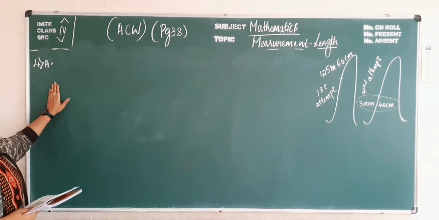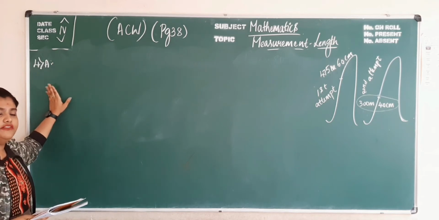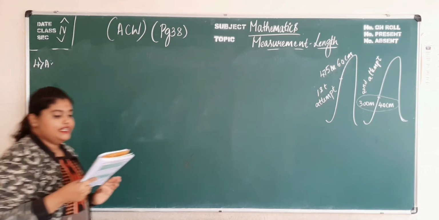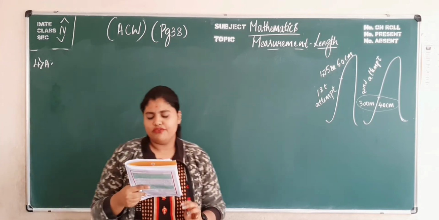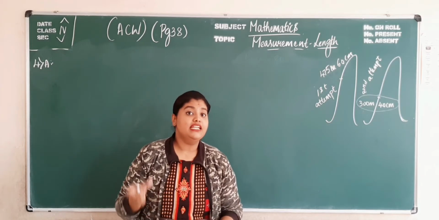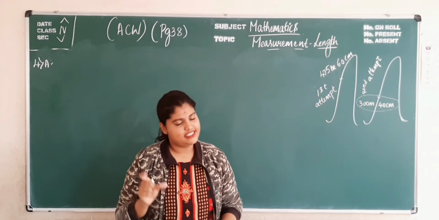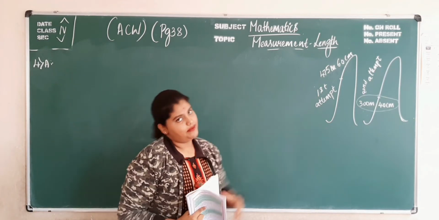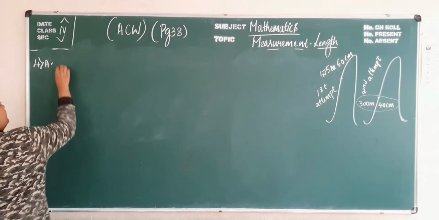I think you have written the question? If not yet written, pause the video, write the question. Fine? Okay. So what is the first statement? The hill climber climbs 475 meters 60 centimeters in the first attempt. So it is nothing but distance. Distance covered by him in the first attempt.